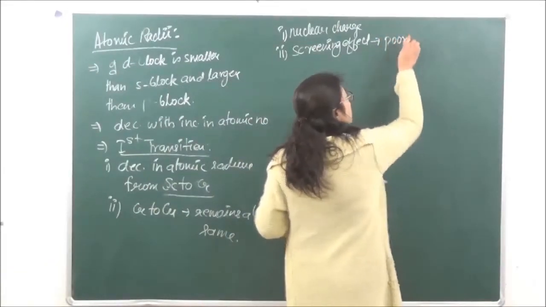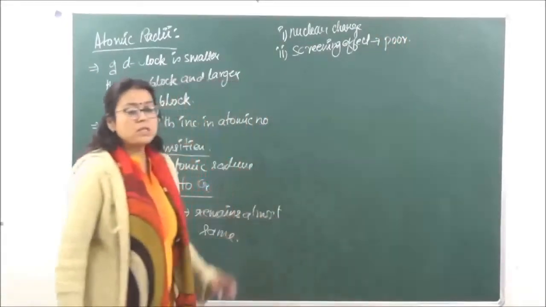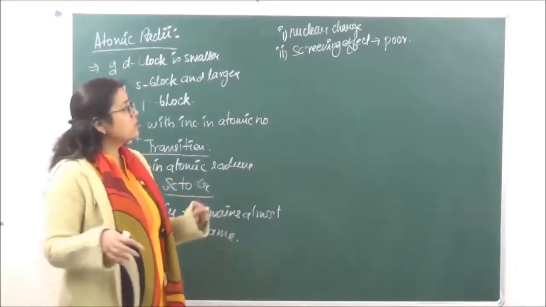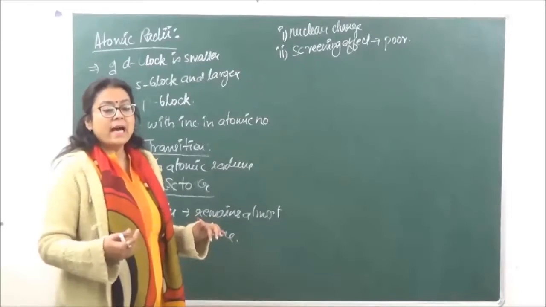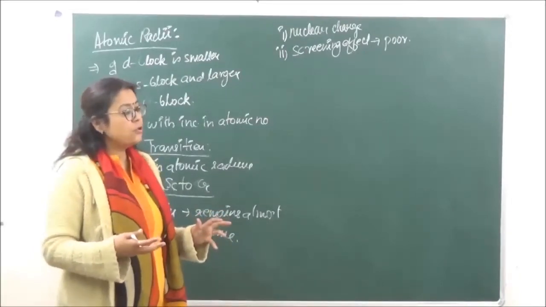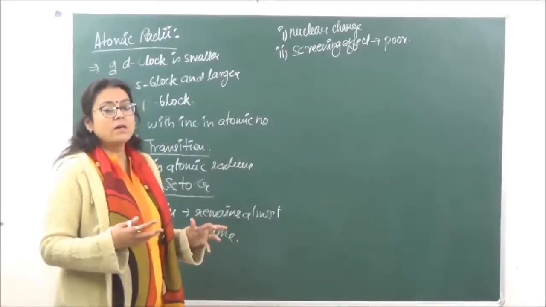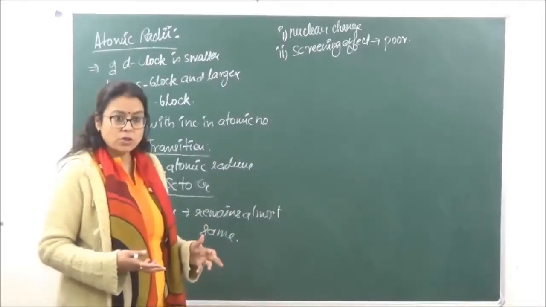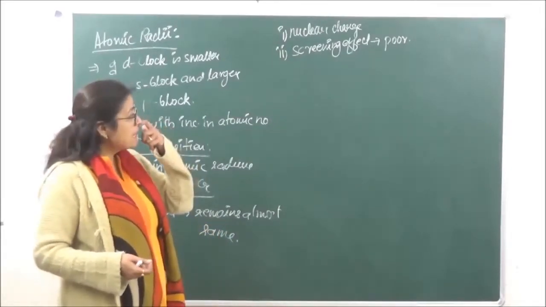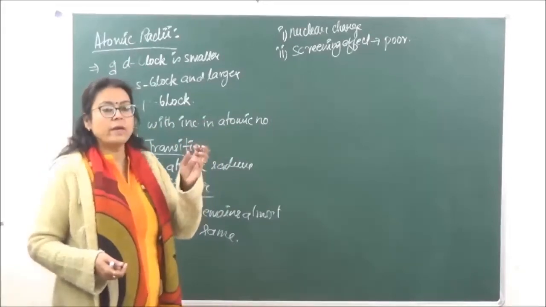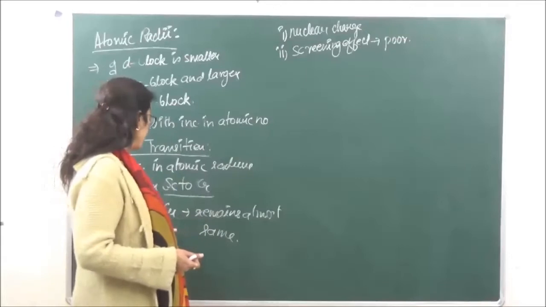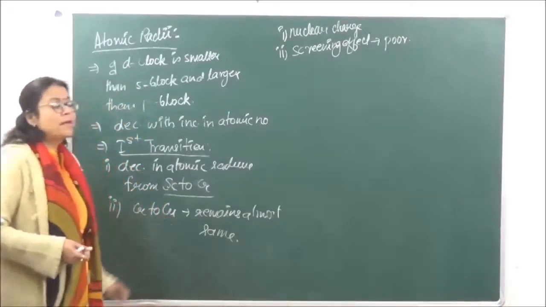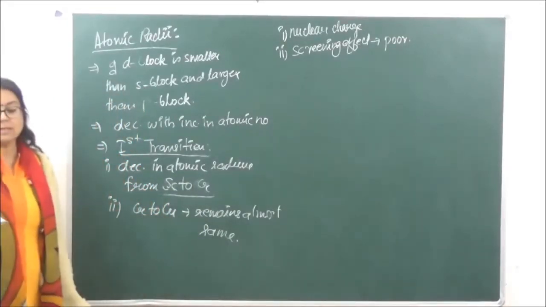Because of this poor screening effect, as the electrons are being added, the outermost shells are not screened by the nucleus as effectively as they should. Okay, तो उसकी वजह से क्या होता है कि outermost electron जो है that will be pulled inwards, as a result of which the size from chromium to copper almost remains the same.